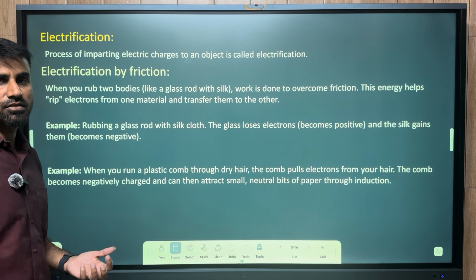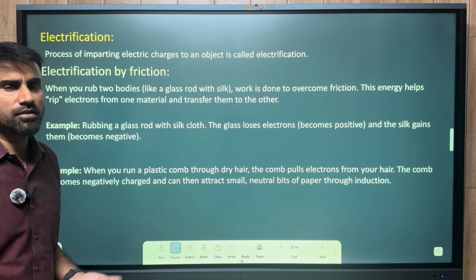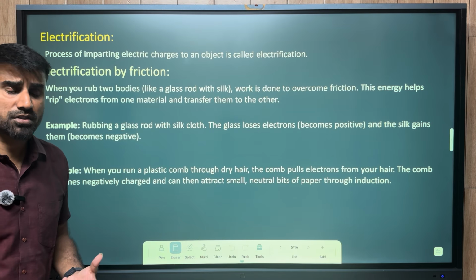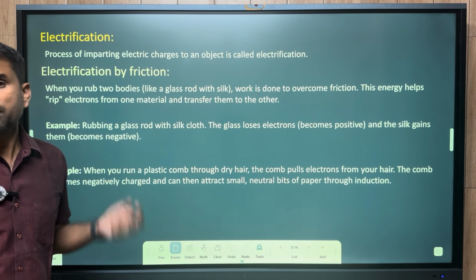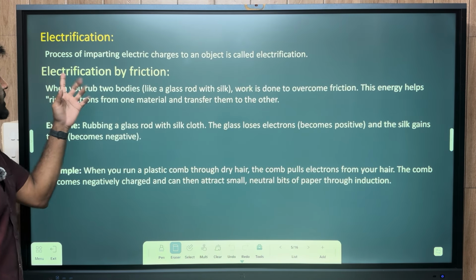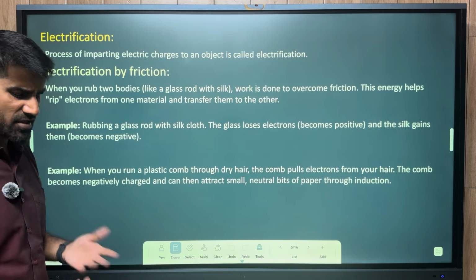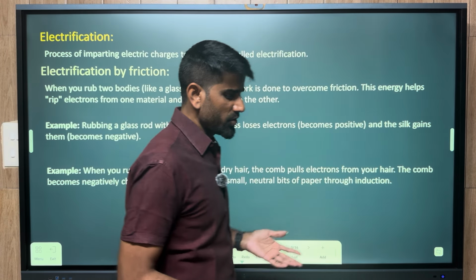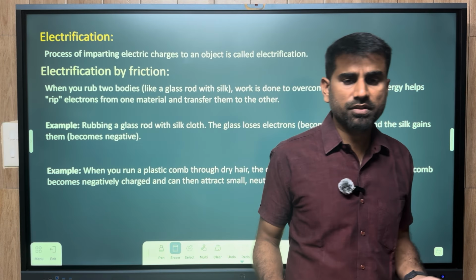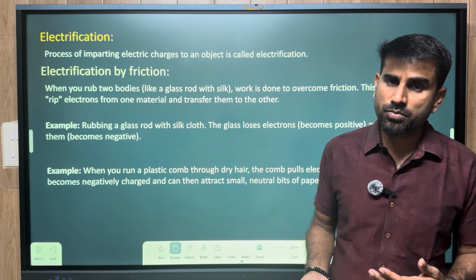There are different methods of electrification. Let's discuss some basic methods, among which the first is electrification by friction, which is the easiest method, because every one of us has learned it.